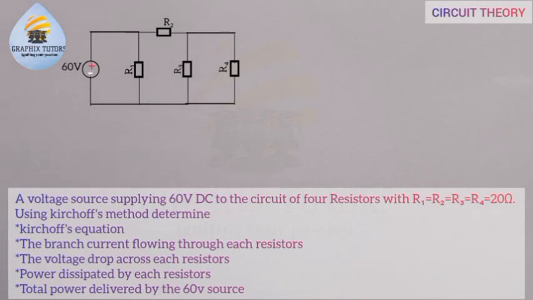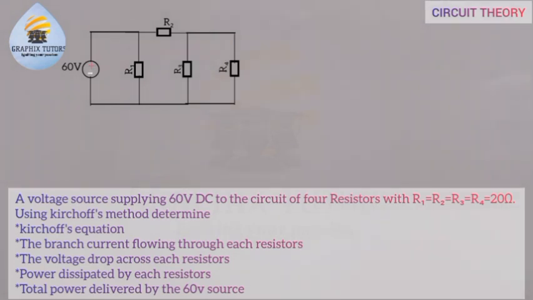Now, the first thing we have to do is that if you look at your circuits, we have a source which is 60 volts, right? And we have 4 resistors, which is resistor 1, R1, R2, R3, and R4.